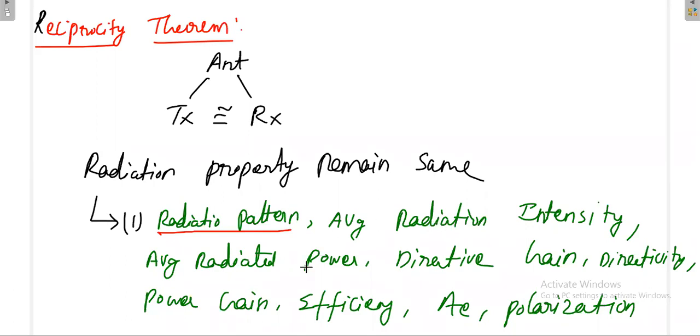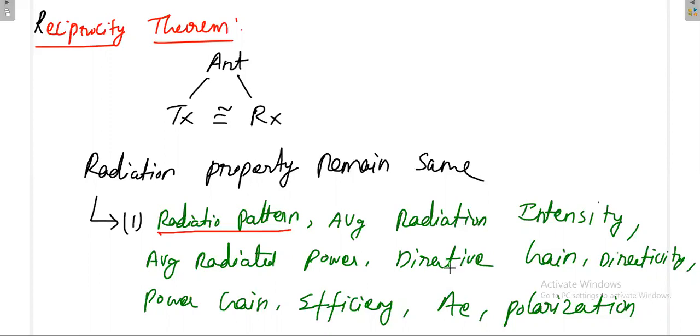Then average radiated power is simply the power density, watt per meter square. Directive gain: when you use a practical antenna as compared to the isotropic antenna, you will be getting more power. How much more power you are getting when you use a practical antenna as compared to the isotropic antenna is given by the directive gain.